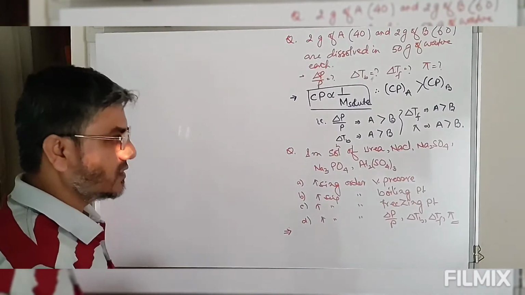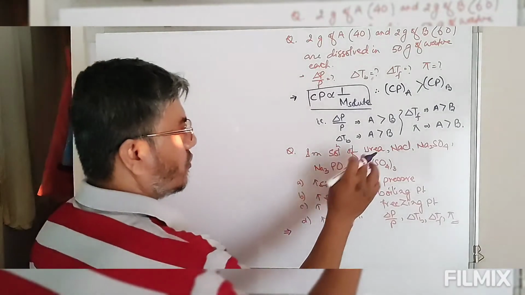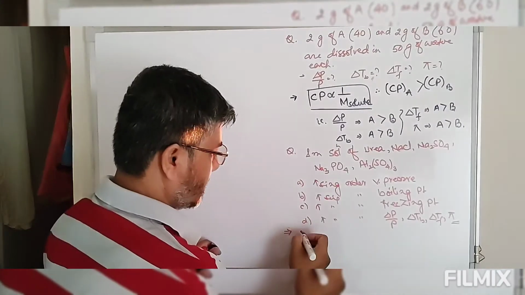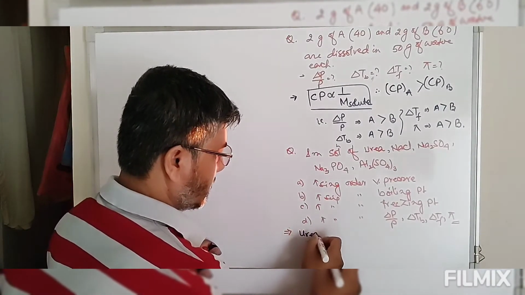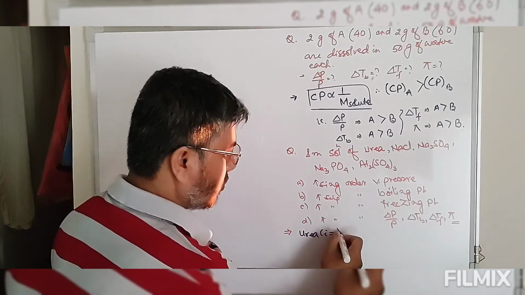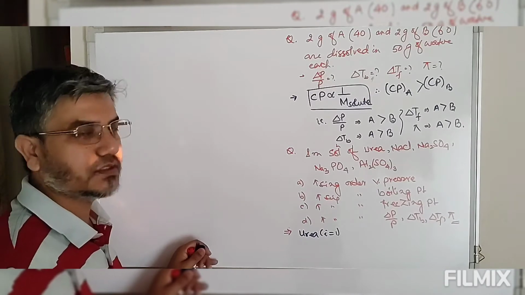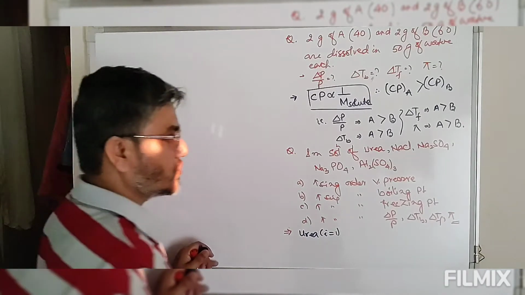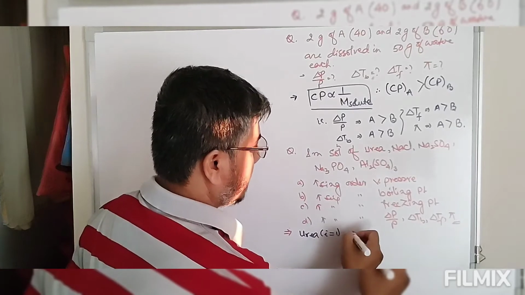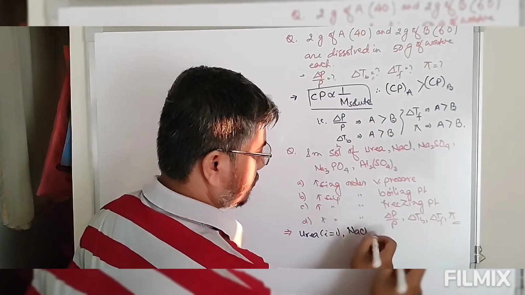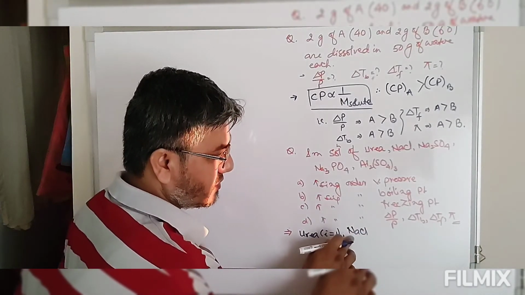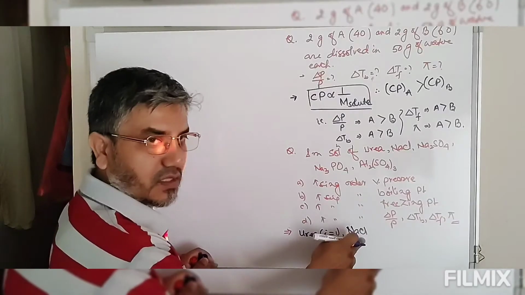Now first of all, look at this urea. For this urea solution, i equals 1, so this is a non-electrolyte, being an organic compound which on dissolution does not undergo association or dissociation. Then we have sodium chloride. When sodium chloride is dissolved in water, it dissociates to give sodium and chloride.